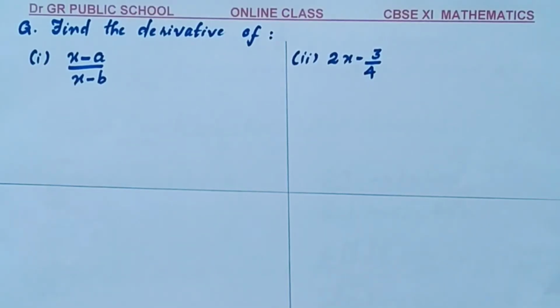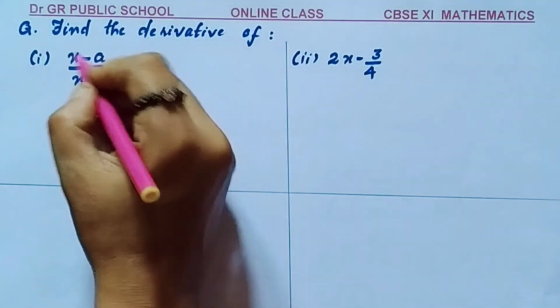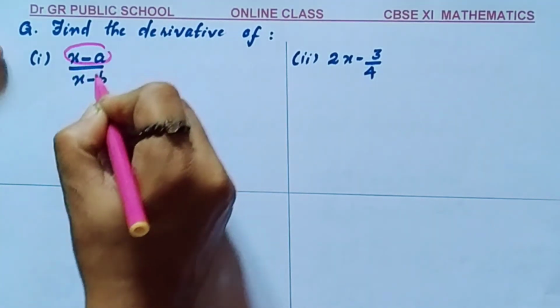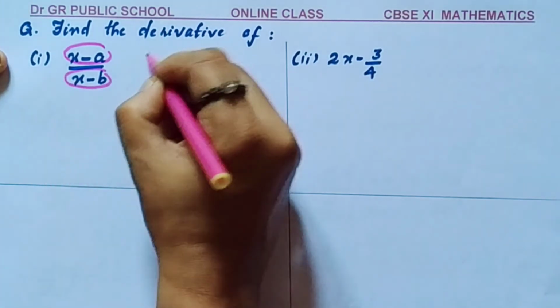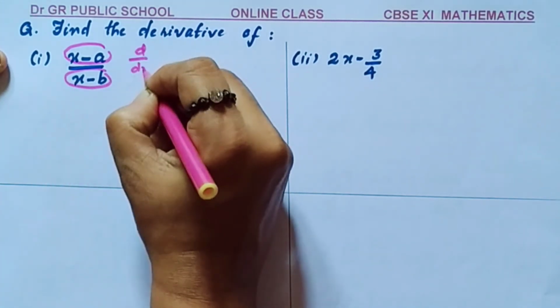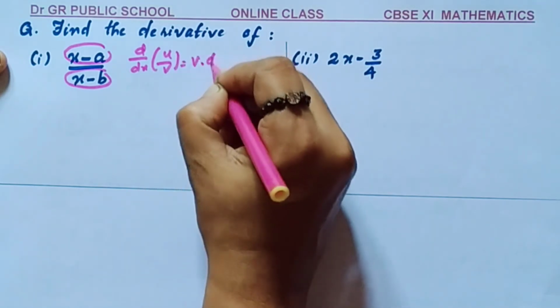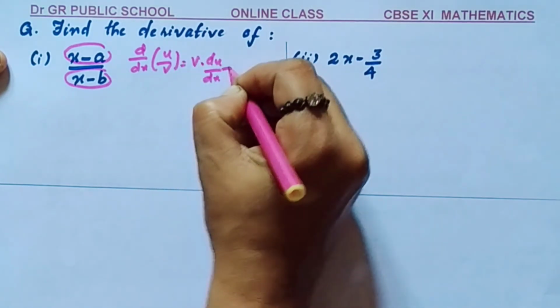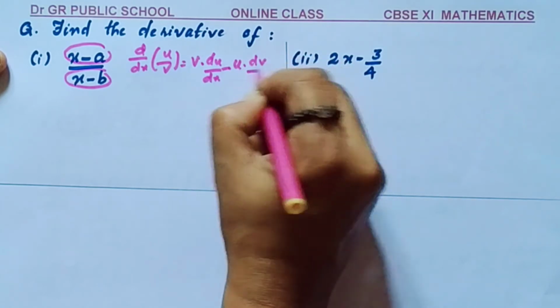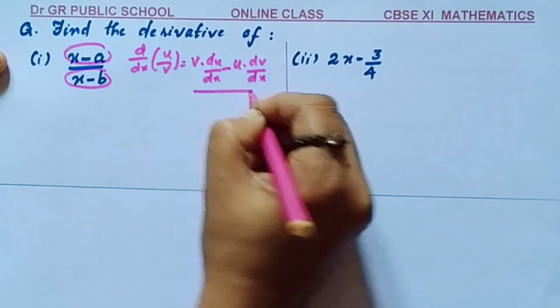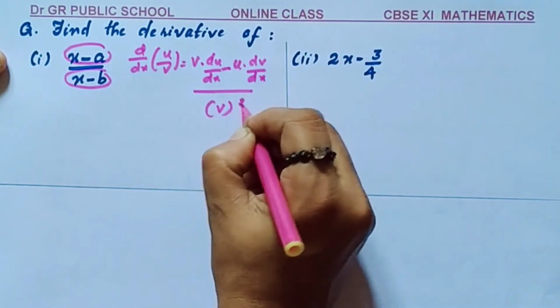Now, the derivative of x minus a by x minus b. You can think of this as two functions, applying the quotient rule. The derivative of the quotient of two functions equals the denominator into the derivative of the numerator minus the numerator into the derivative of the denominator, the whole divided by the denominator square. This is the rule.